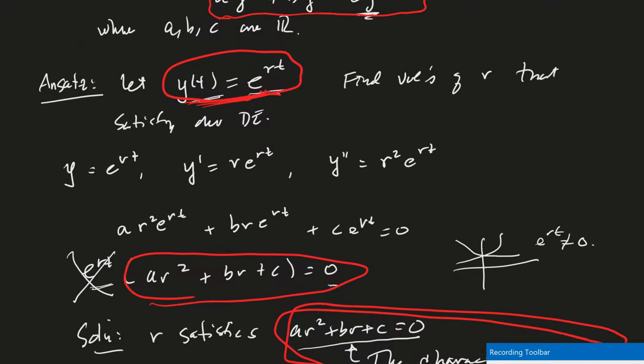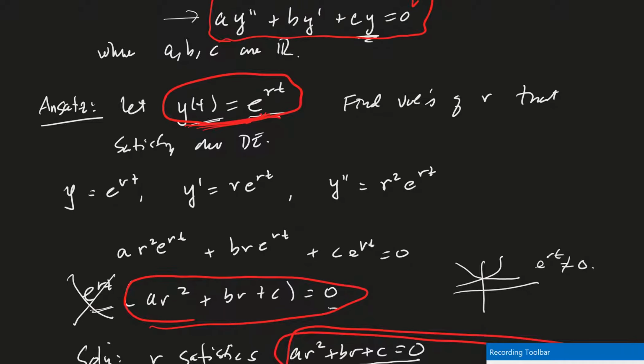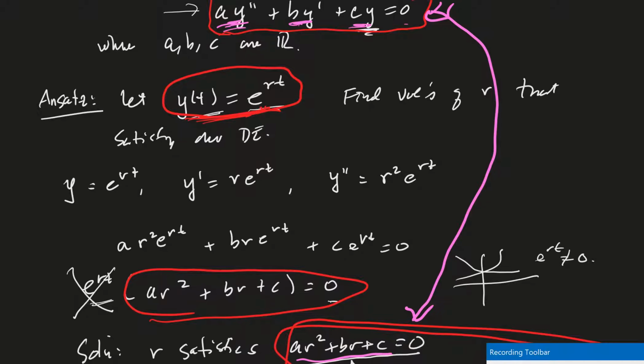And notice in particular the relationship between these two things. This is ay double prime plus by prime plus cy equals 0, and the characteristic equation is ar squared plus br plus c equals 0.